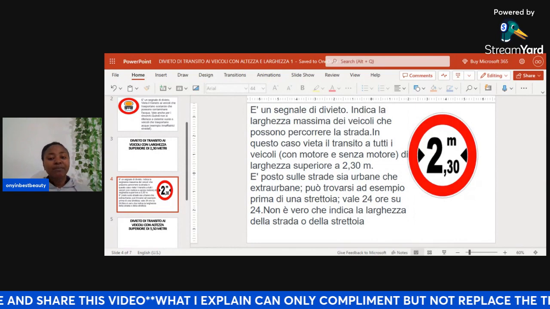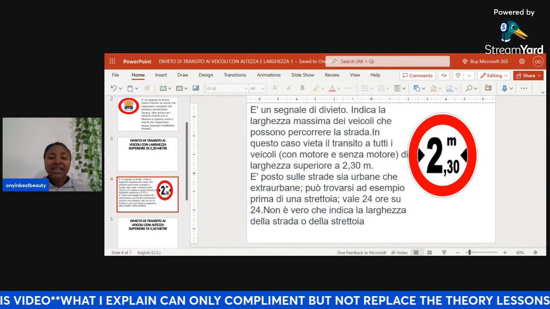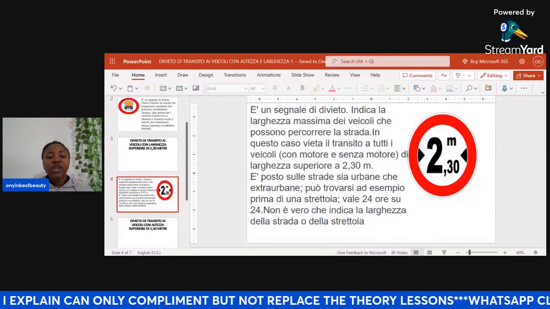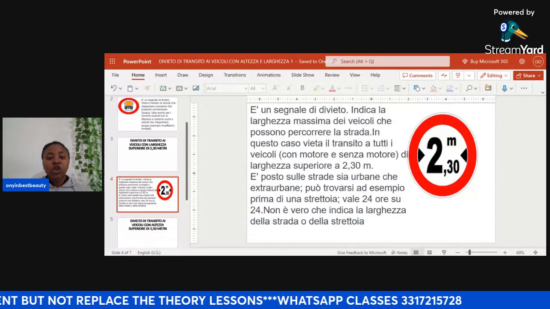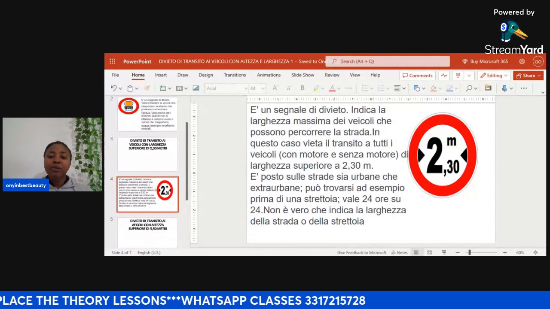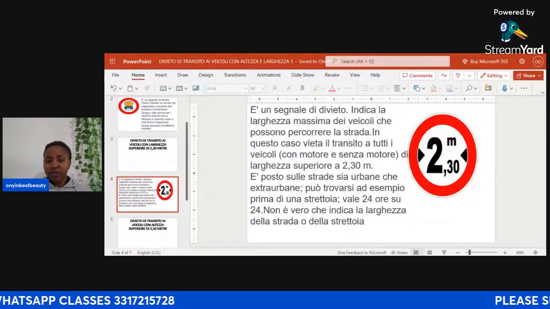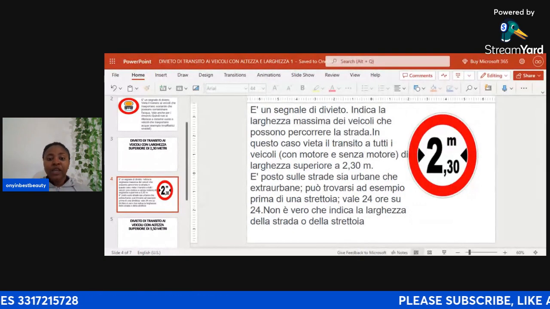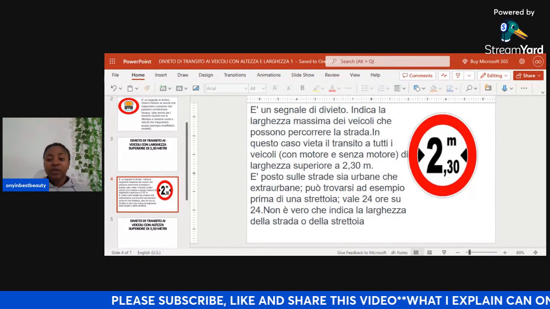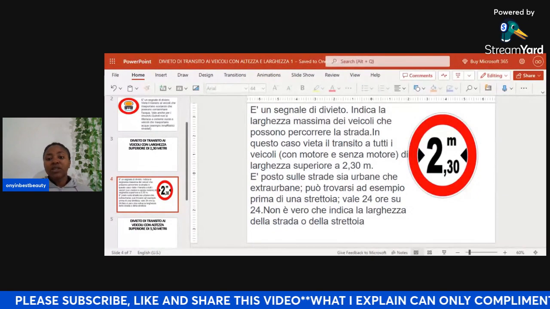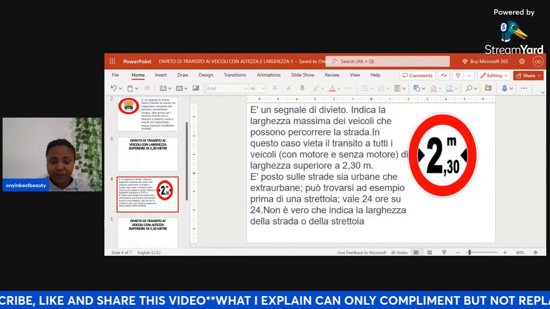Now, it indicates the maximum largeness of vehicles that can access this road. In questo caso, vieta il transito a tutti i veicoli, con motore e senza motore, di larghezza superiore a 2,30 metri. In this case, it forbids all vehicles, either those with an engine or without an engine. It forbids all of them, so long as the largeness is more than 2.30 meters.